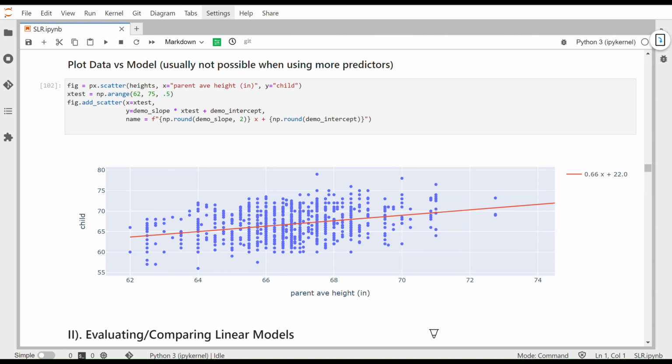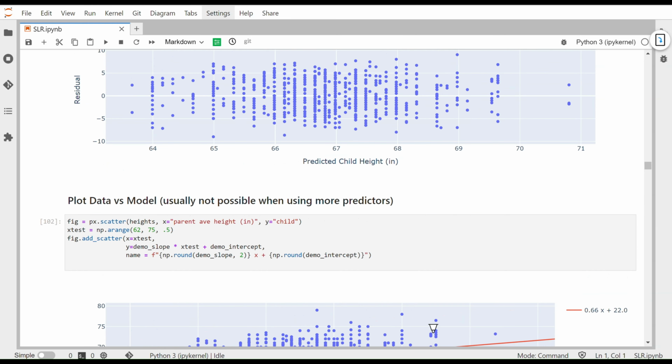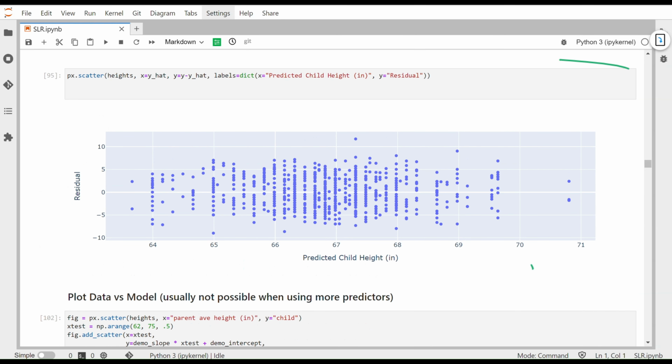So in general, this idea of using your predicted output versus your residuals is going to become really useful for us when we start having more than just one predictor. Let's head back to the slide.